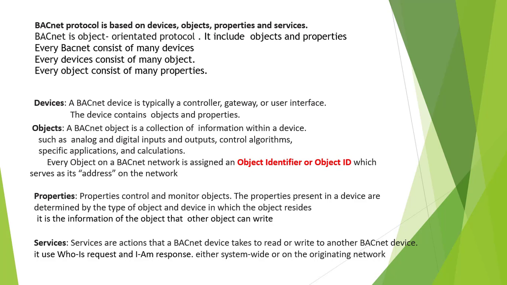Objects are such as analog input, output, digital input, output, control algorithm, and some specific application and calculation. All is called an object. Every object has a unique address. That's called a unique ID in the network.